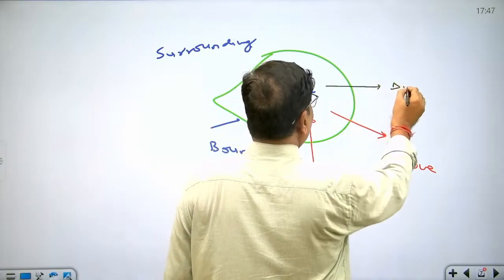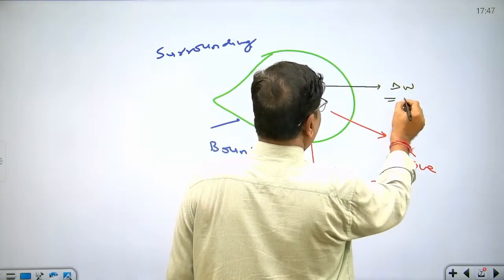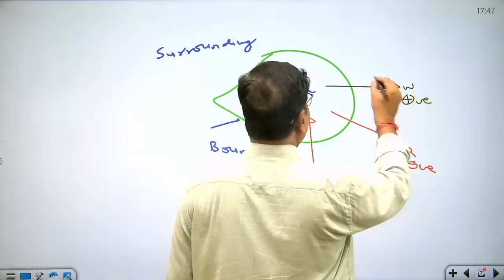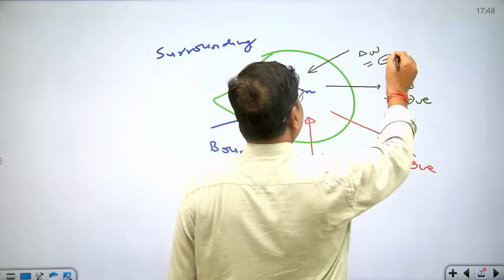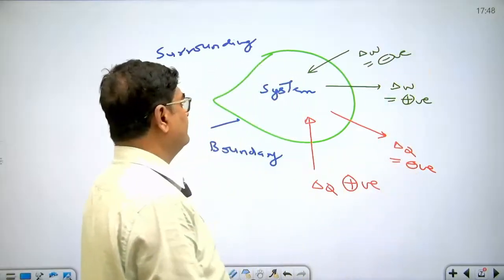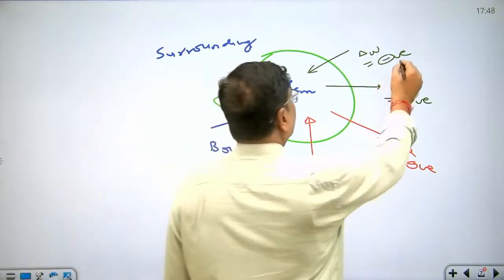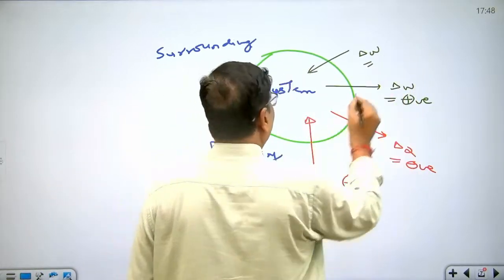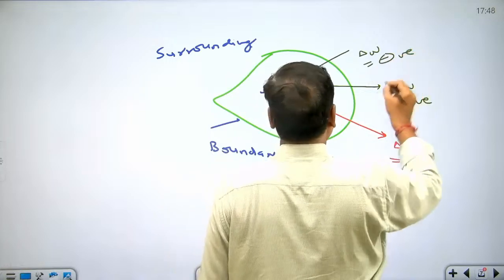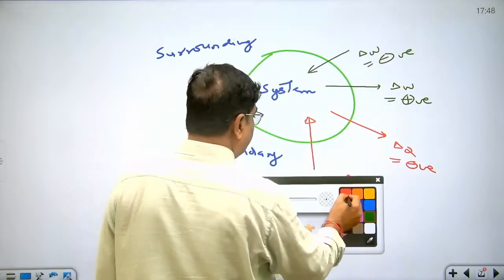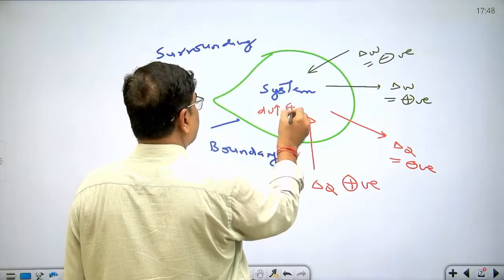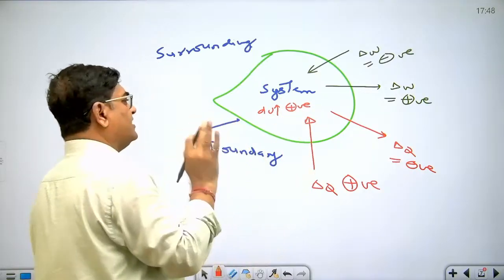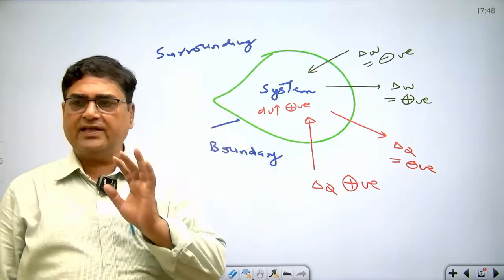Work done by the system, meaning if volume increases, is taken as positive, and work done on the system is taken as negative. If internal energy of the system increases, it is taken as positive. If internal energy of the system decreases, it is taken as negative.